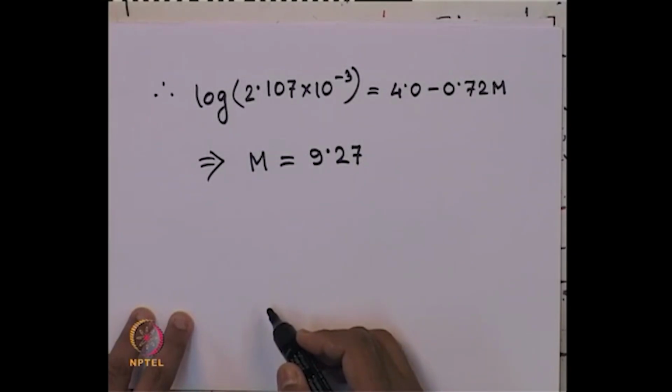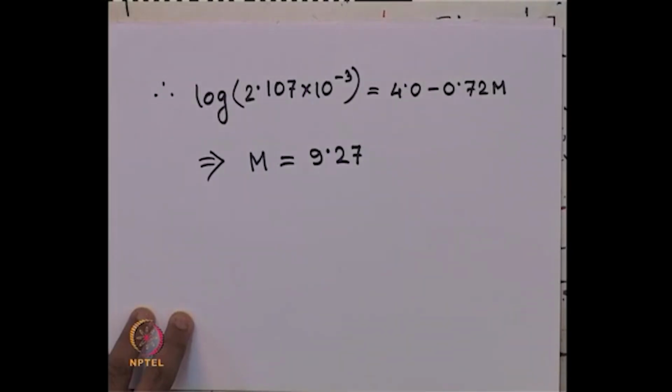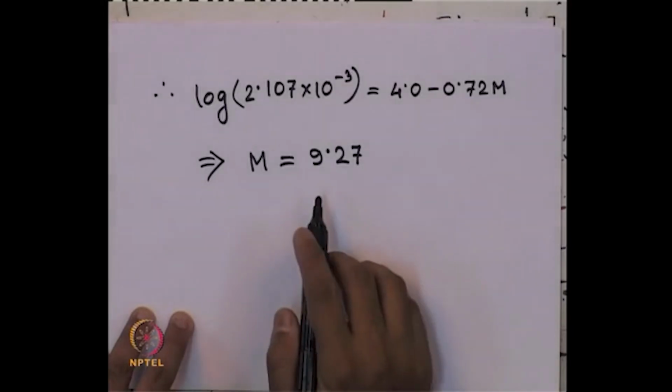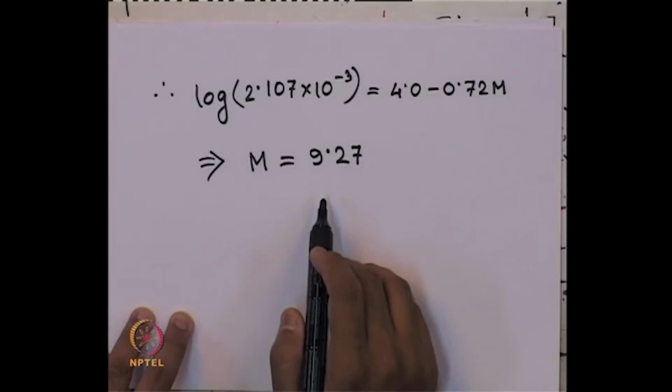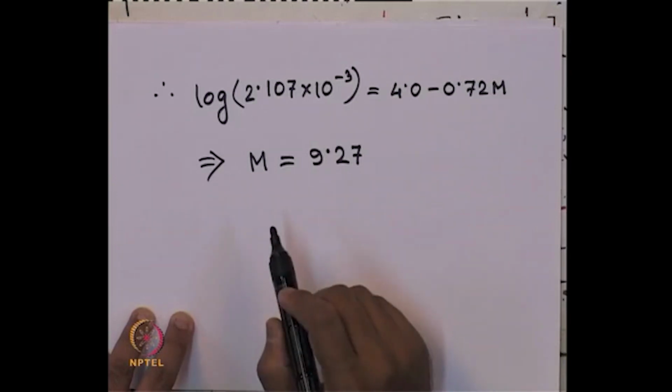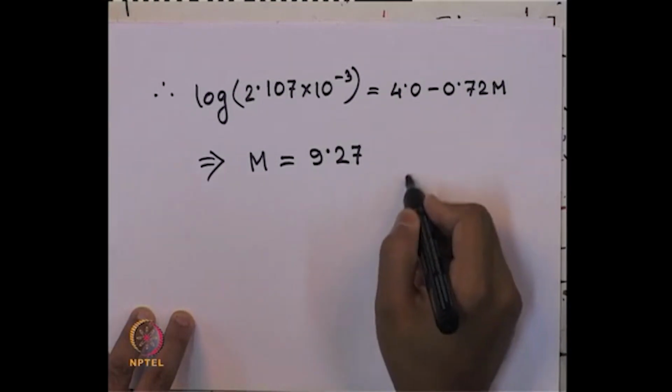That is what it shows, that at least one earthquake of magnitude 9.27 will occur with 10% probability in a 50 year period and return period of 475 years in that locality. Fine. So, this is the magnitude.